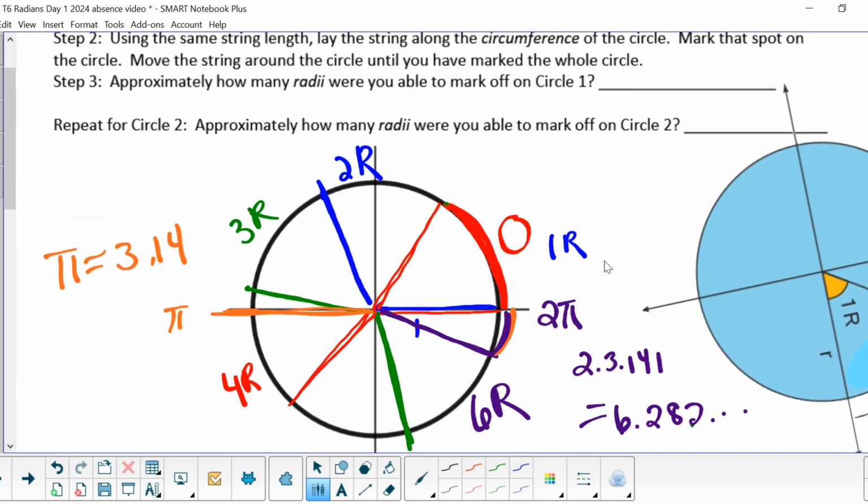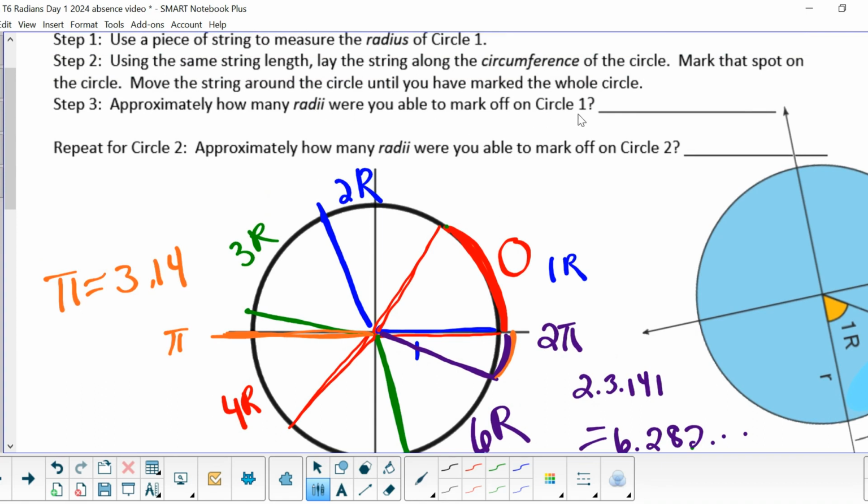So when it says how many radii are you able to mark off, it's going to be 6 plus a bit, or 6 plus .282, if that helps. So in the total circle, approximately how many radii are you able to mark off?